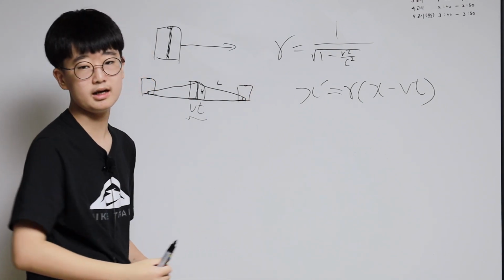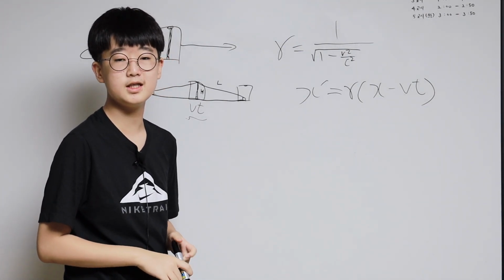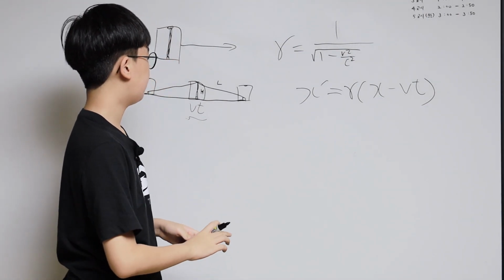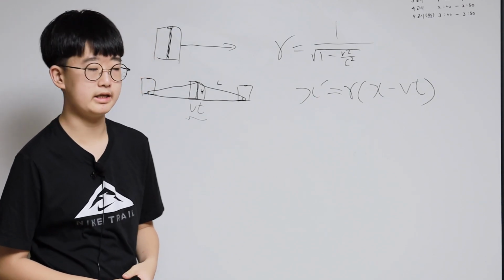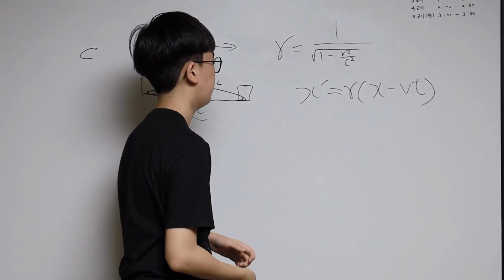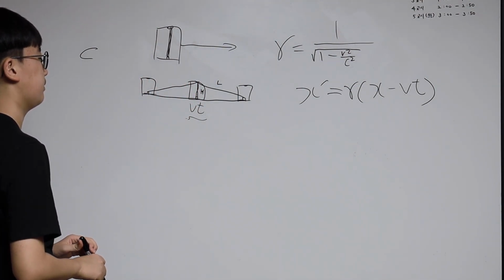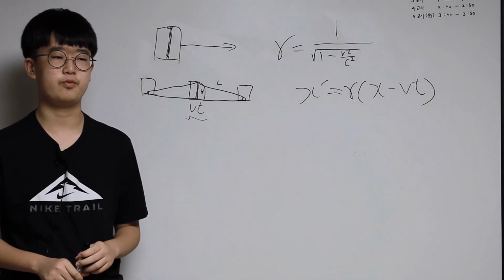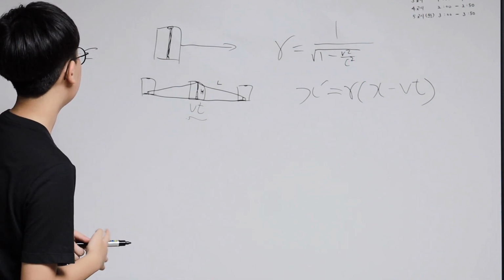It makes gamma a lot bigger. And when v equals c, that would mean gamma is equal to infinity. So yeah, it changes around. You should just watch that video if you're interested in the length contraction part.